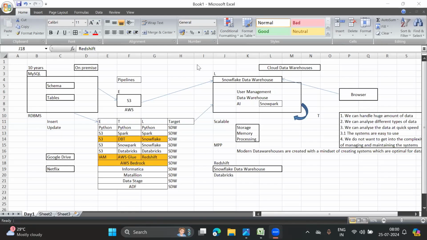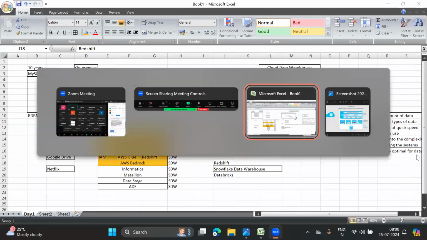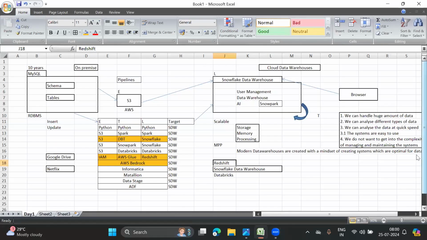That is why the Snowflake data warehouse is shining. As we have discussed, we can do everything in one place, everything under one roof. Big data, checked. Structured data, checked. Semi-structured data, checked. User management, checked. Everything is done in one system. That is another reason why the Snowflake data warehouse is coming up very nicely, as we do not have to rely on different systems.